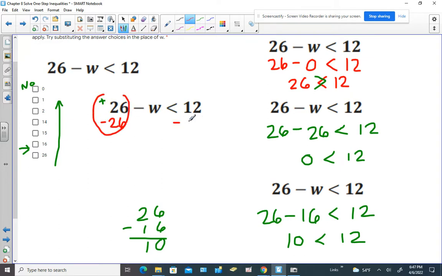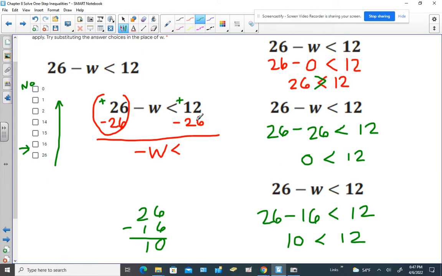But we would also have to do this over here. And the issue that we have is we would think of this as either a negative W or the opposite of W being less than the combination of these two things. As 6th graders, we haven't learned how to combine a positive 12 and a negative 26. We haven't learned that yet.